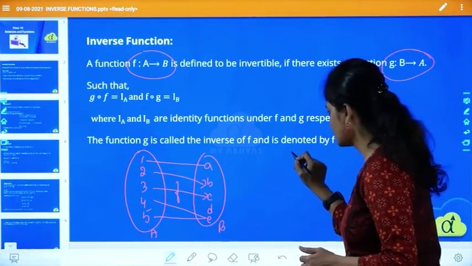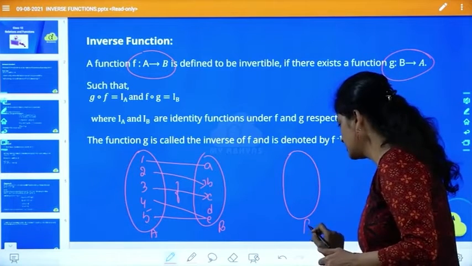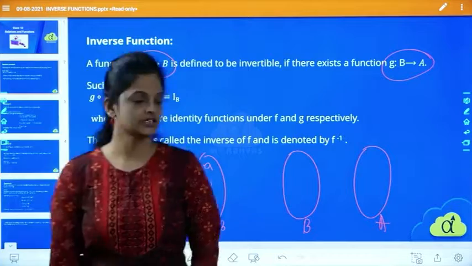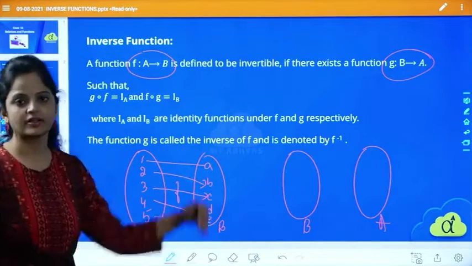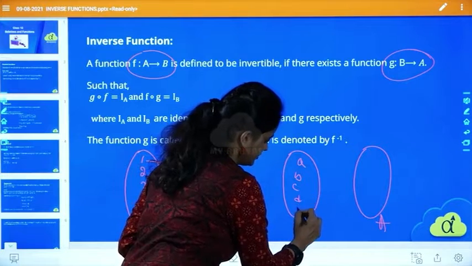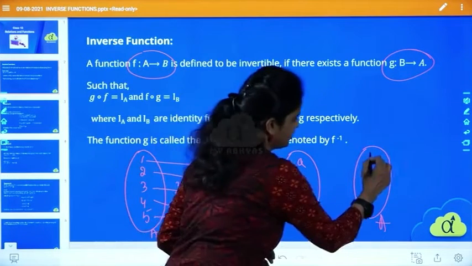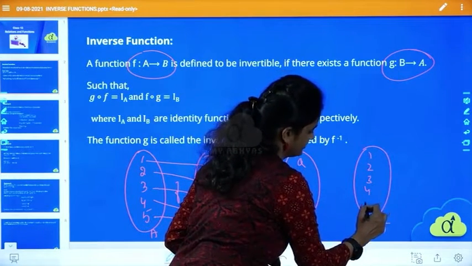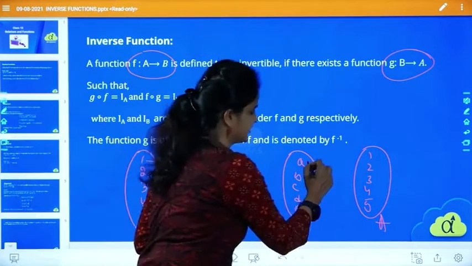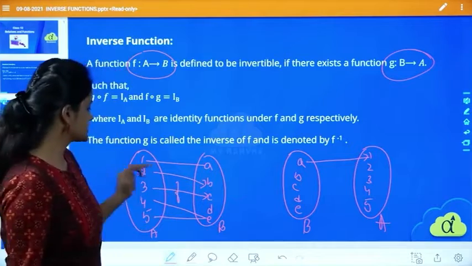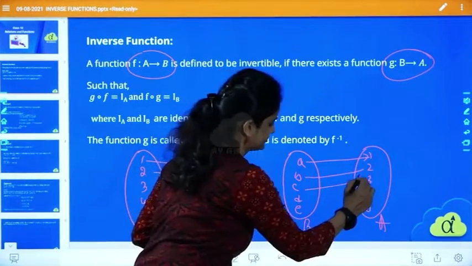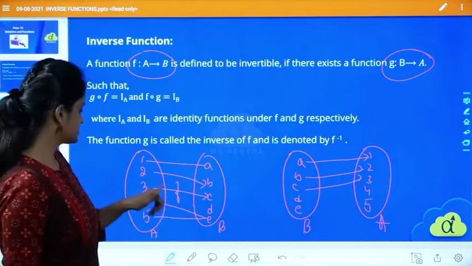Suppose I take the reverse of this, from set B to set A. Suppose I take the function like this from set B to A. Same mapping I am showing that side also. A, B, C, D and E, and this side we have 1, 2, 3, 4, 5. Now see, A is related to 1, B is related to 2, C is related to 3, and D is not related.